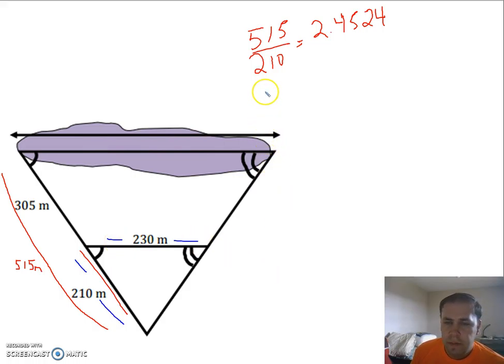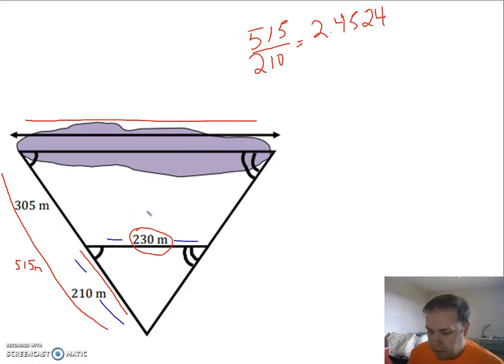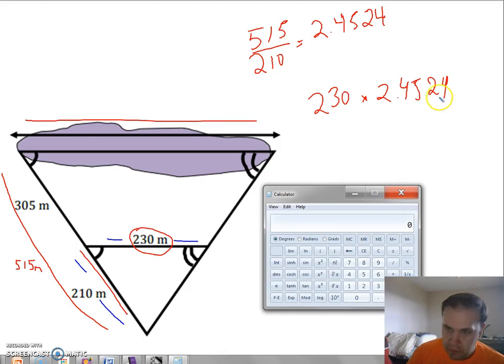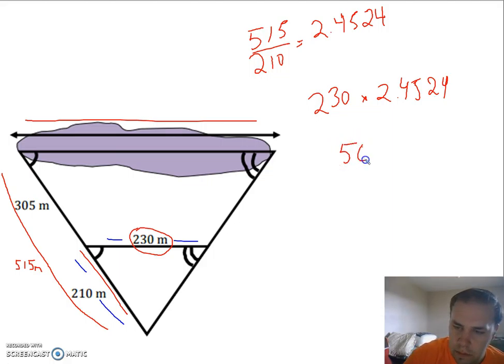Now, when it comes to finding out what this side would be, I would take the 230 meters and multiply that by the scale factor of 2.4524. So let's do that. 230 multiplied by 2.4524 is 564.052.